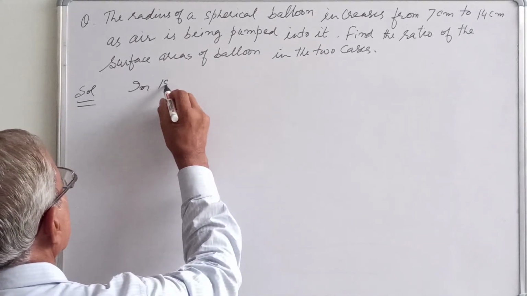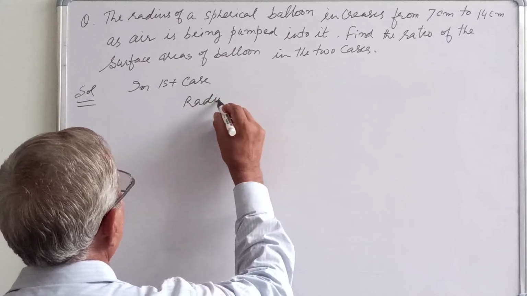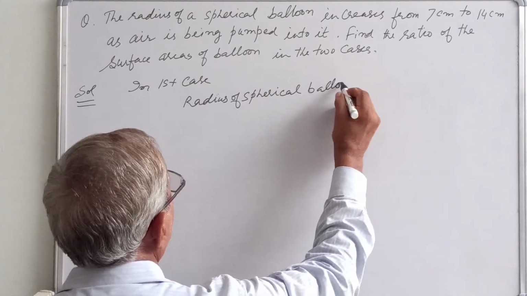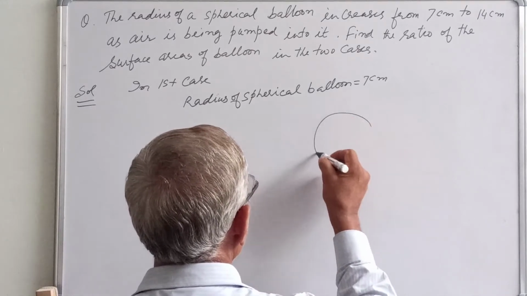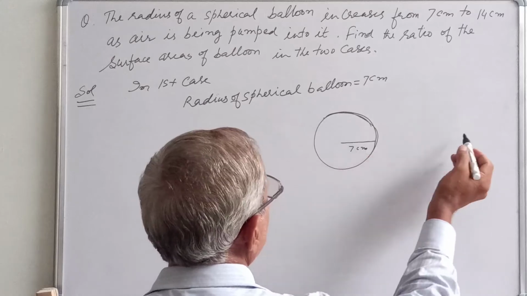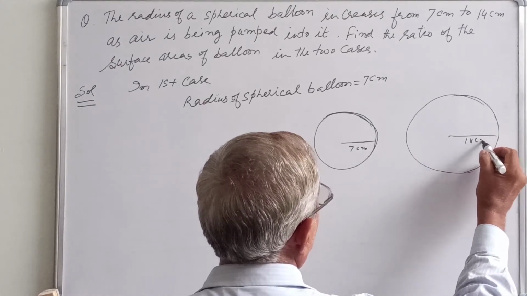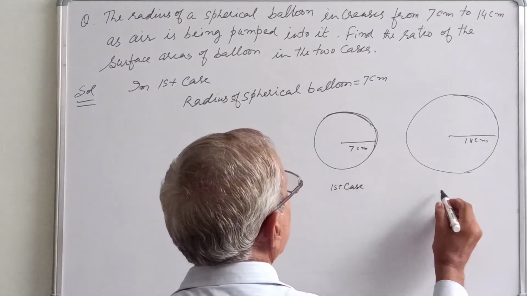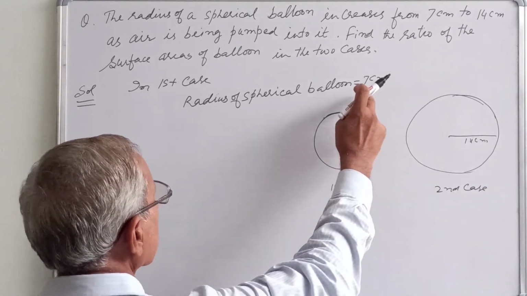In the first case, the radius of the spherical balloon is 7 centimeter.